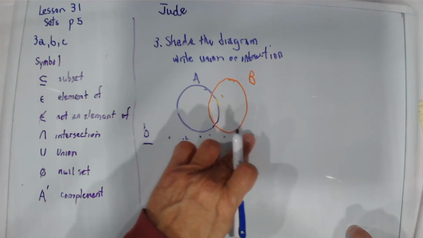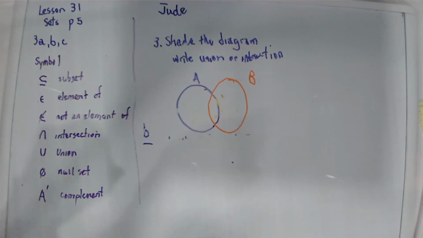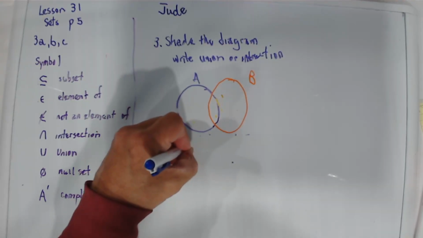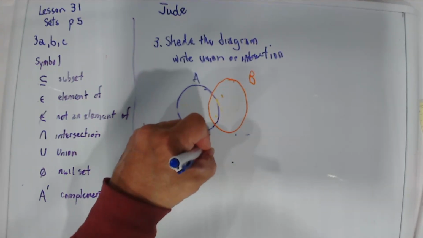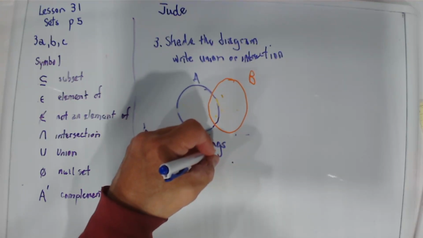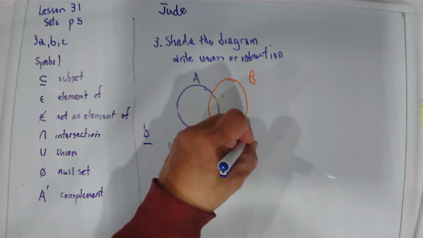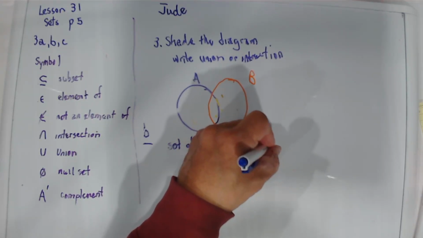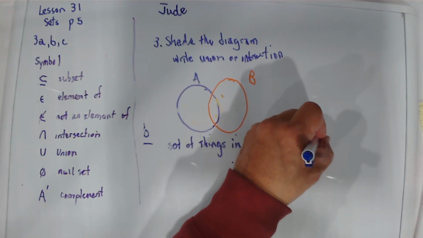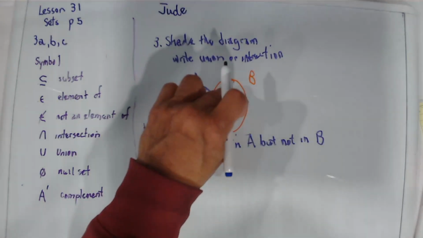So what they want to know are the set of things that are in A but not in B.